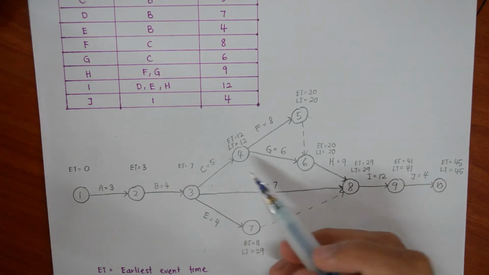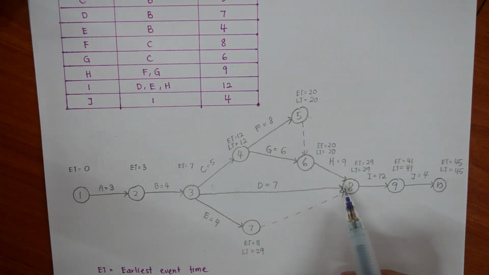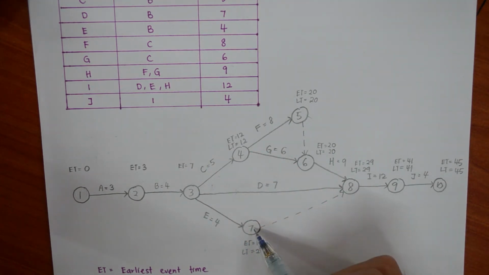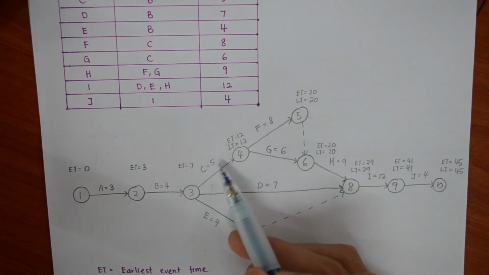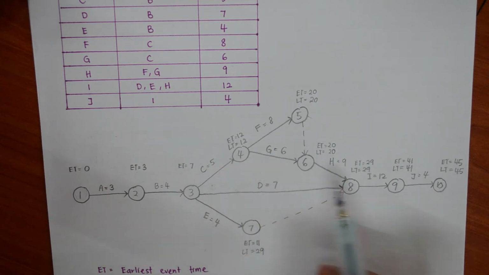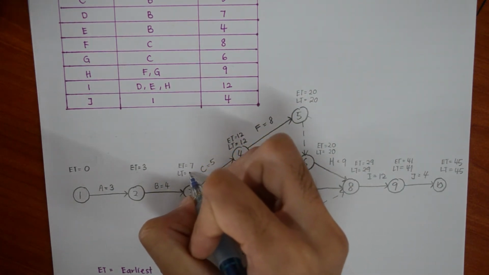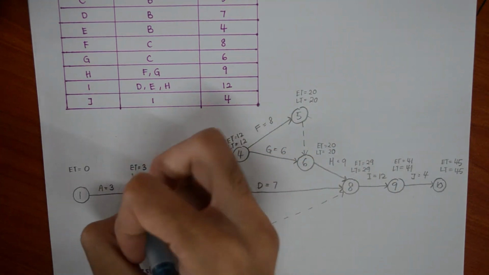For deciding the LT for node 3, there are 3 nodes for us to consider: node 4, node 8, and node 7. So 12 minus 5 would be 7. 29 minus 7 would be 22, and 29 minus 4 would be 25. So the smallest is 7, so we put LT here equals 7.